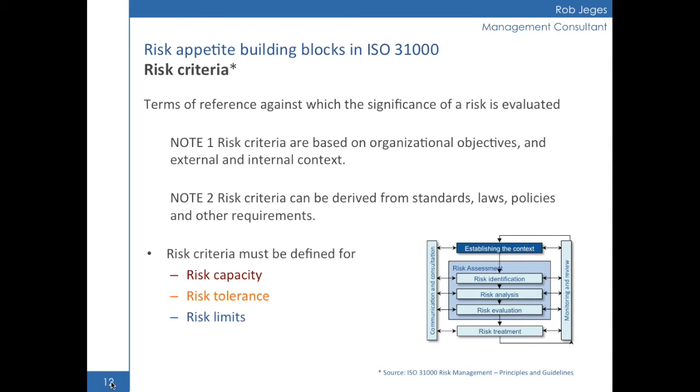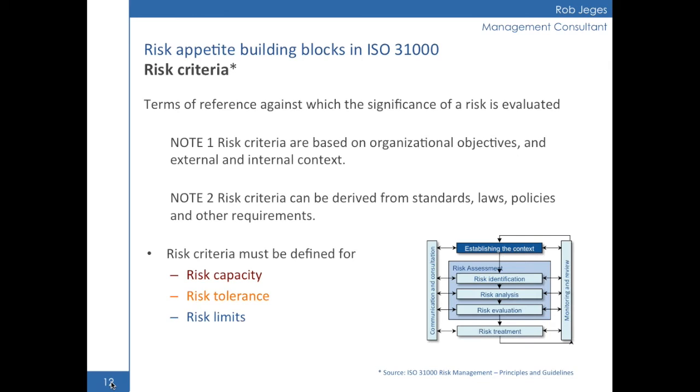Yeah, and it'll be interesting to get your take on this, Rob. Even though the risk appetite definition is there in ISO 31000, the term is not used within the main document, but the principles or the concepts around risk appetite are still part of ISO 31000 through risk criteria, is my understanding.